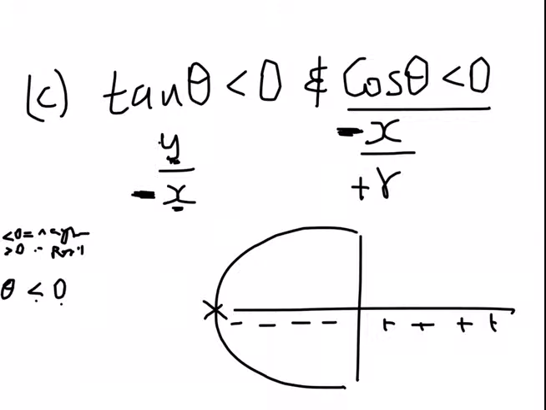So if this one was positive, it was going to force this one to be positive. Now for us to have a negative there, this one has to be positive, and for that to be positive it means it is in this quadrant.